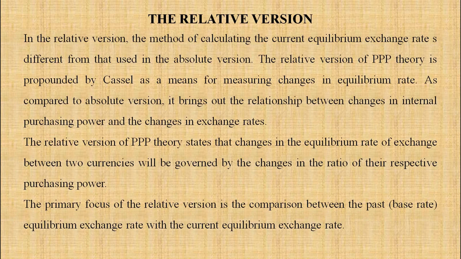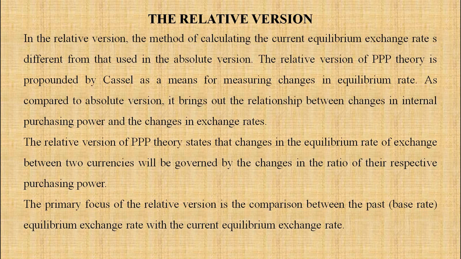The relative version is the method of calculating the current equilibrium exchange rate in a different form from that used in the absolute version. The relative version of Triple P theory is propounded by Cassel as a means of measuring changes in equilibrium rate.